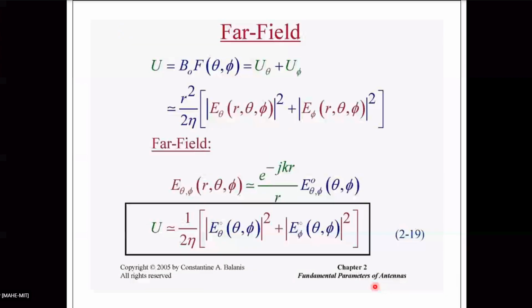Far field. Now you can write U as B naught F of theta phi, equal to U theta plus U phi, R square by 2 eta. This again we have discussed already. U is given by R square into W rate.